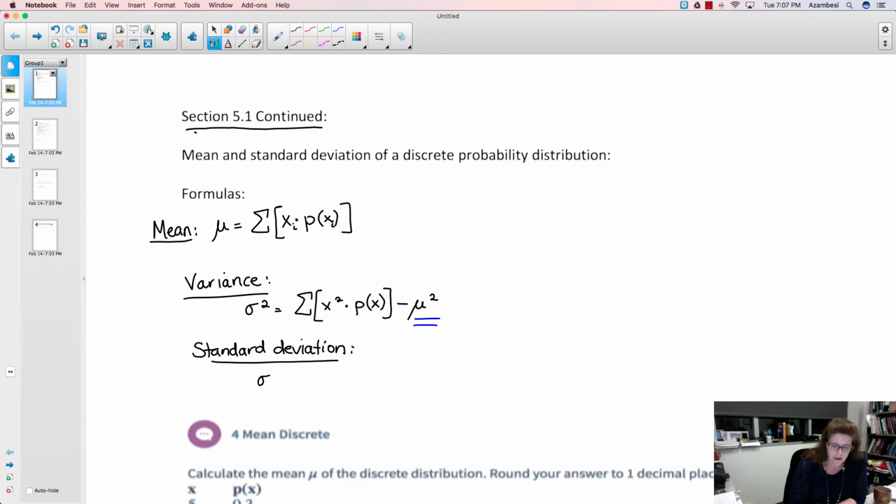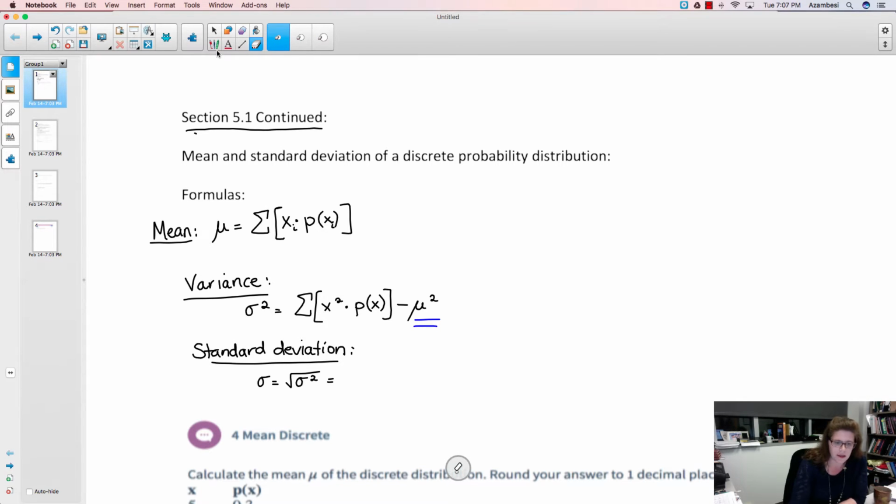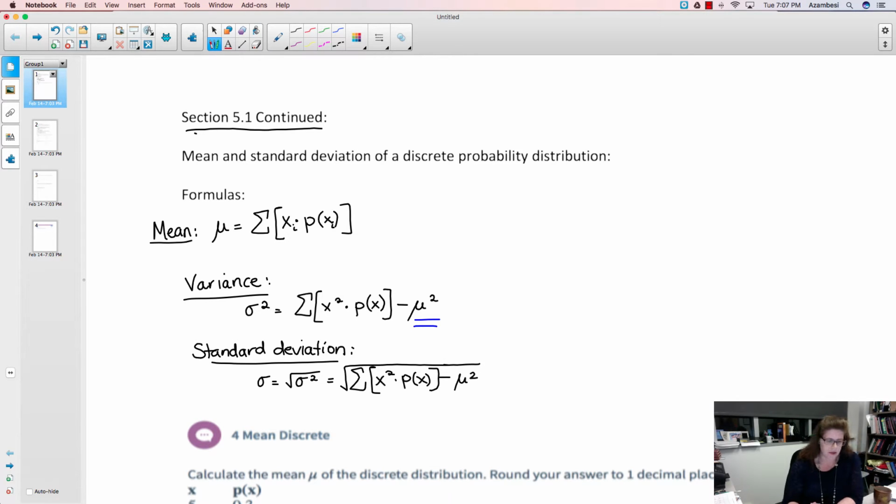So standard deviation is sigma, the square root of sigma squared, which in this case is the square root of the summation of x squared times p of x minus mu squared. Well, that's an awful summation. Let me make a better one. So that is your formula for your standard deviation.